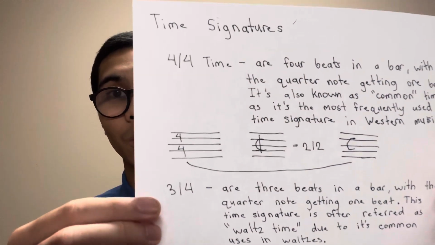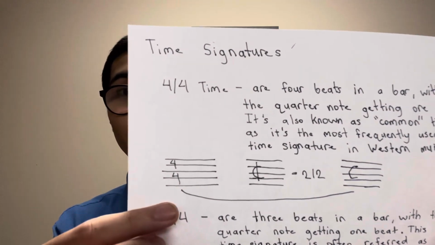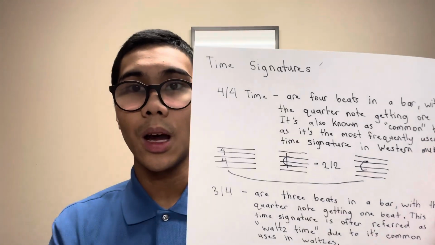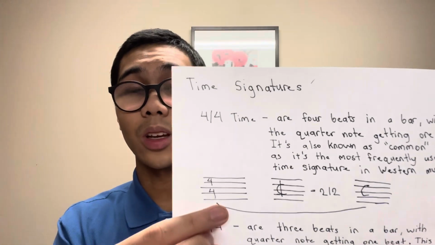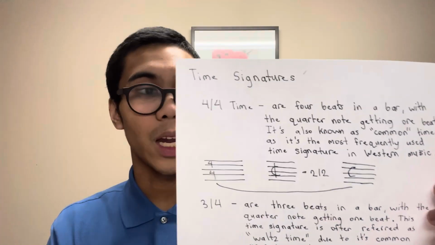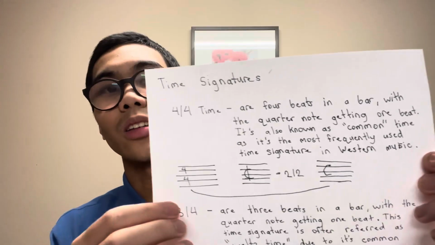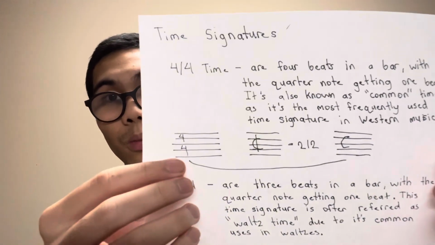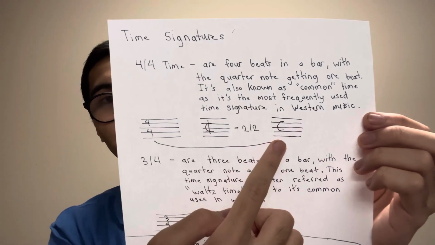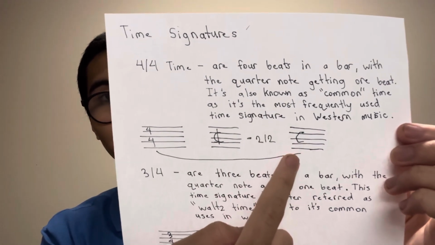And right here at the bottom is the 4/4 time signature, like what it looks like on the staff. I'm pretty sure you're familiar with this because I already showed what the time signature looks like, but I didn't quite tell you what it really means. And right here we have the C, or common time.